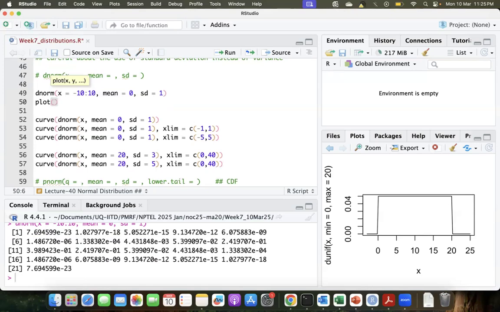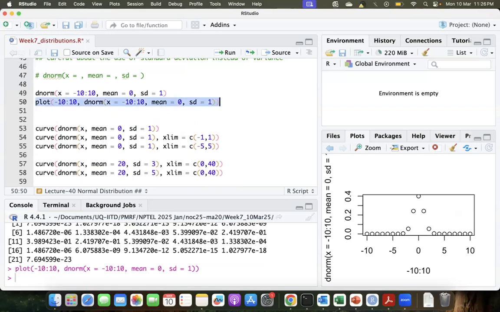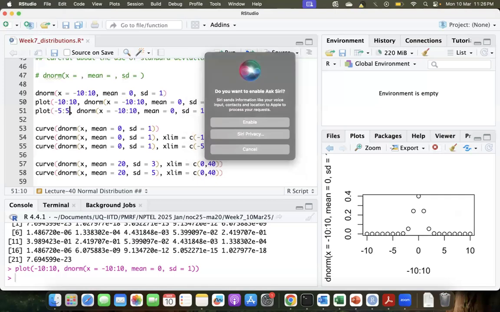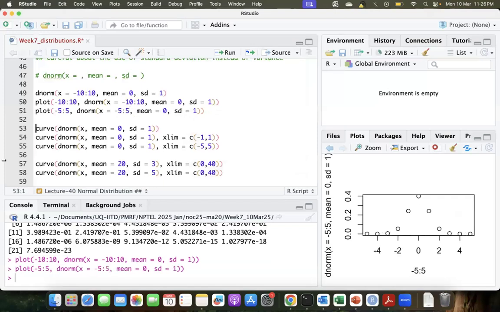So plot minus 10 to 10, and then this thing. So this is what it looks like, right? Maybe plotting it between -5 and 5 would have done a better job. Something like that. Yeah, it looks slightly better. But anyway, this is what a standard normal distribution looks like.